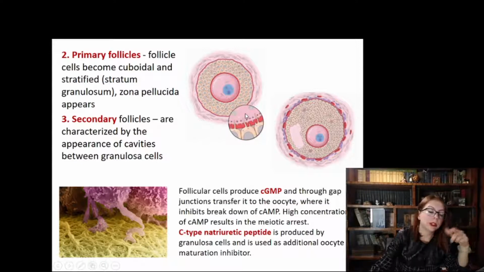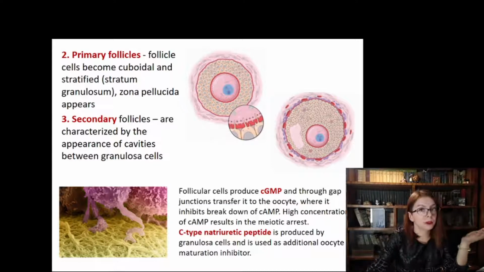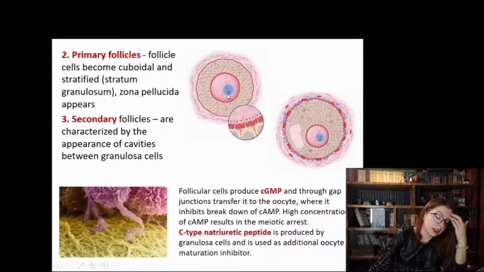In the oocyte, it inhibits phosphodiesterase, and in this way prevents cyclic AMP breakdown. So cyclic adenosine monophosphate concentration is high, and this is exactly what helps to maintain the meiotic arrest.